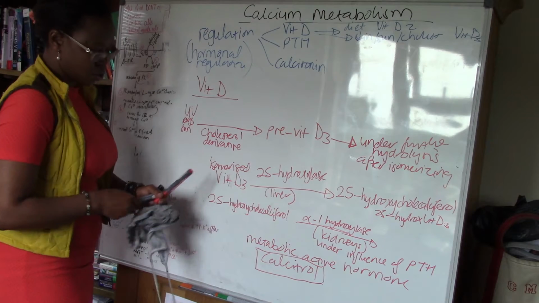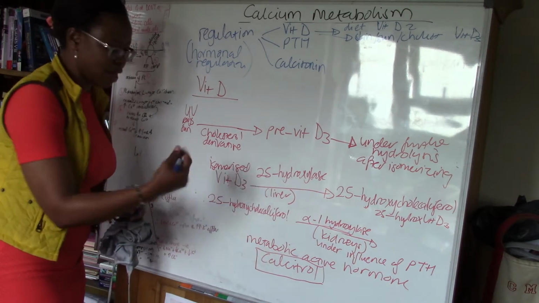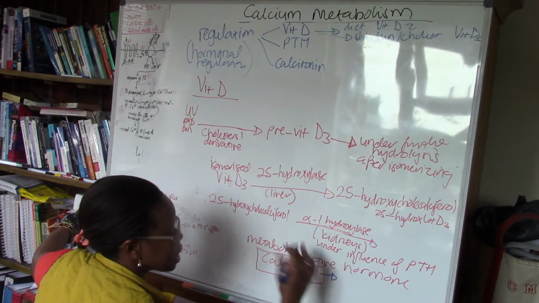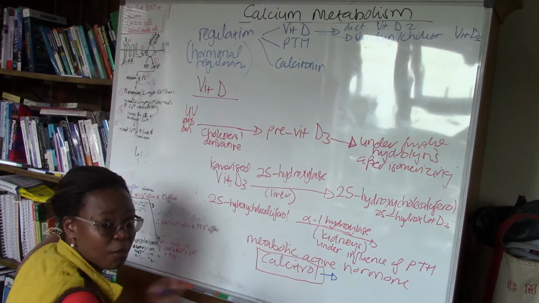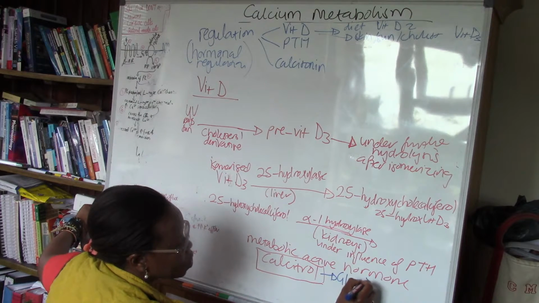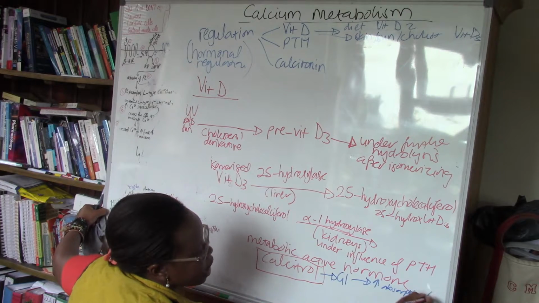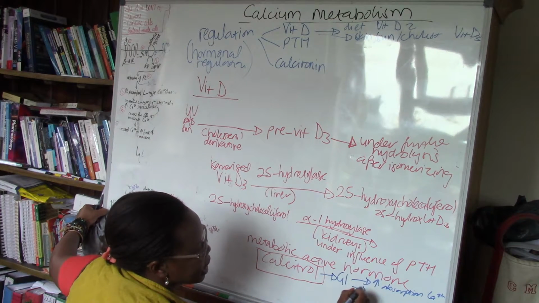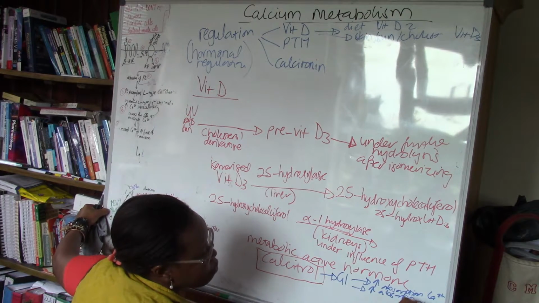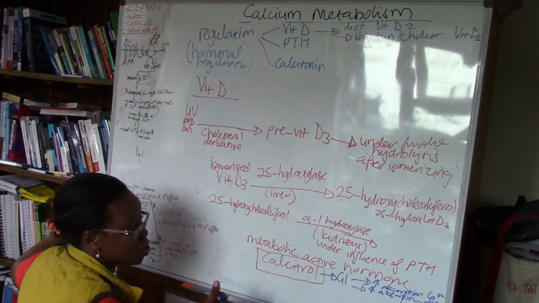And this calcitriol then goes into the GI. Remember, I mentioned that the absorption of calcium occurs in the GI, so it will cause increased absorption of calcium and increased absorption of phosphates, because calcium and phosphate tend to go together.